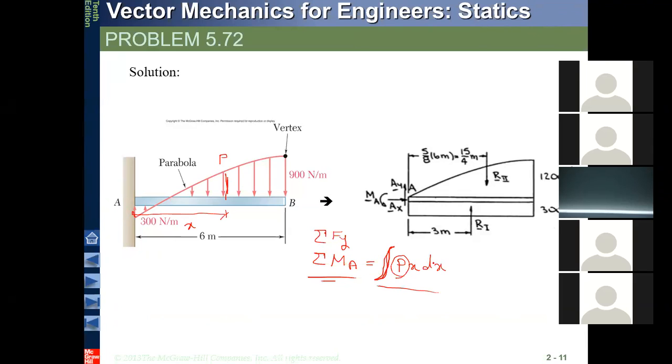And instead of writing this, you can write the x capital bar, which is the x coordinate of the centroid of this load, and then the total force. So instead of integration, you can use this formula.